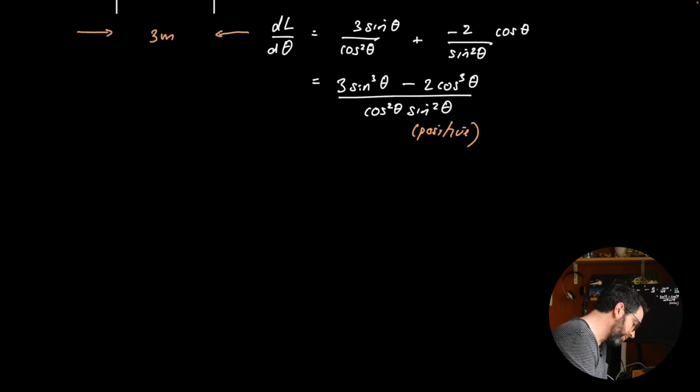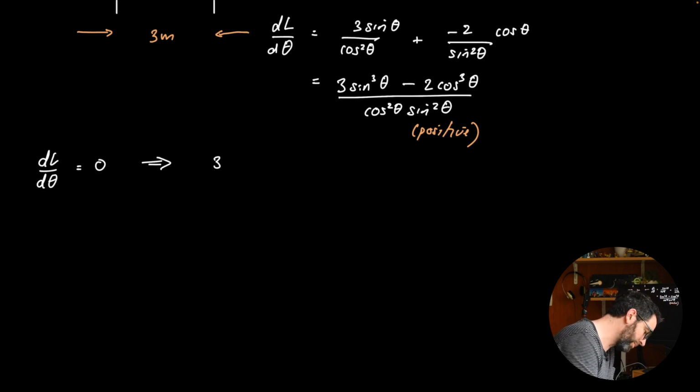Right, so what we want to do is set that equal to 0. So dL d theta equals 0. That implies that, when we've got a fraction equals 0, we only really need to look at the top row, so long as we're confident there aren't going to be any weird things going on with the bottom. That just implies that the numerator of the fraction is going to be equal to 0.